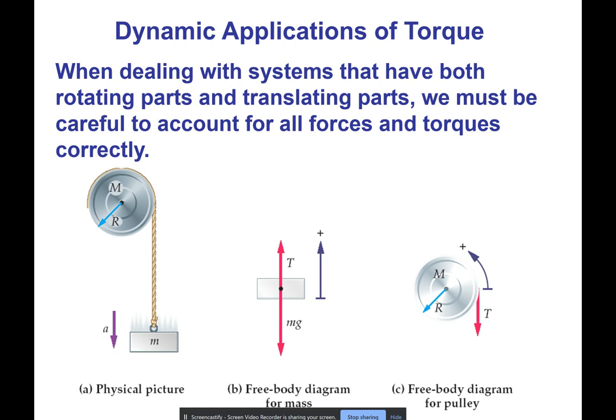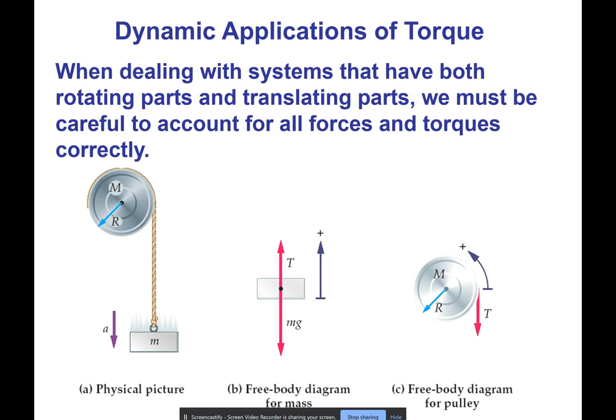Now, pulleys. Pulleys do have torque since they do rotate. This is the physical picture, so this is exactly what's happening. You have a pulley with a mass that's being pulled down due to gravity. If you're just focusing on the free body diagram of the object, you have force of gravity going down and tension going up.